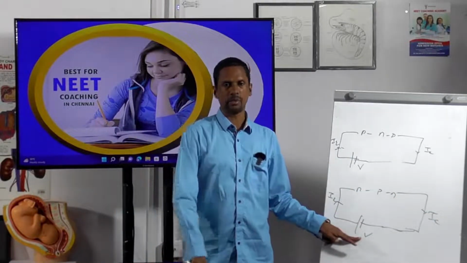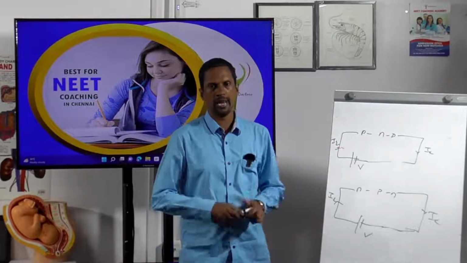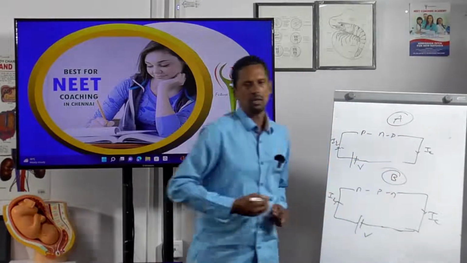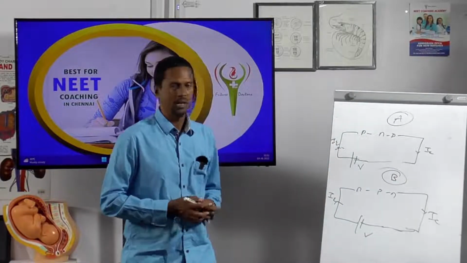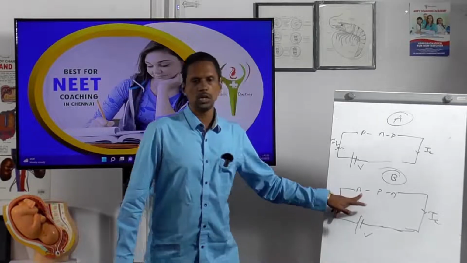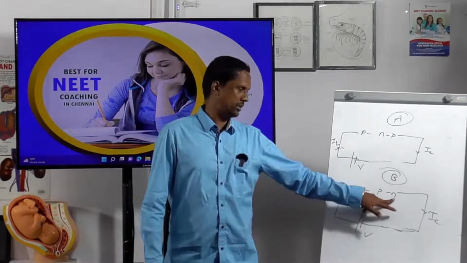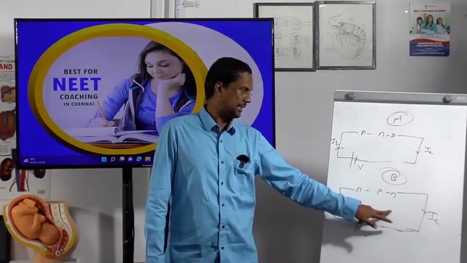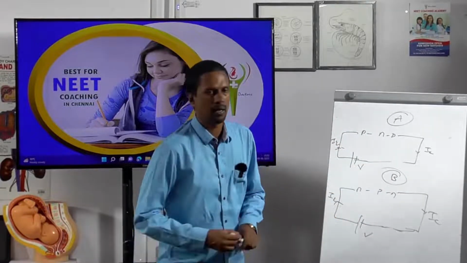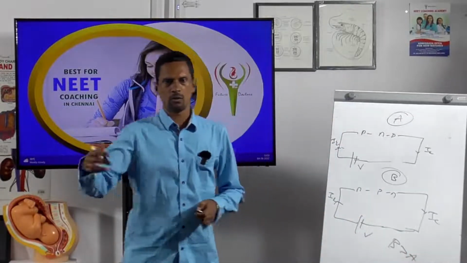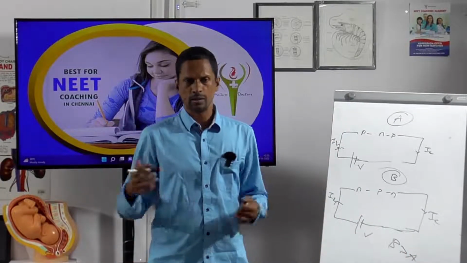Which can I expect more current from, compared between these two, A and B? B. Why? The excess in the NPN junction will constitute the current output. There also current will be there, and B is greater than A. So now we go for the solar cell.